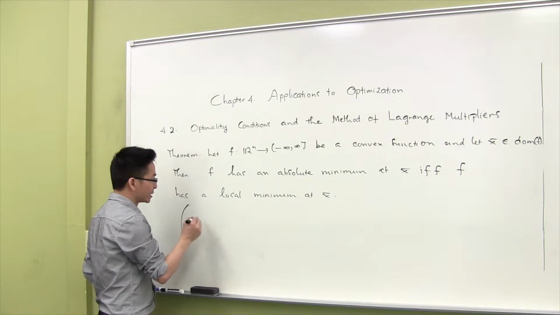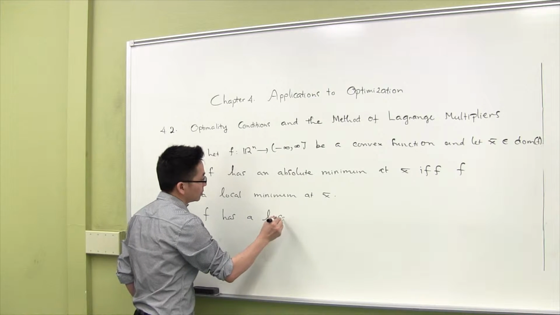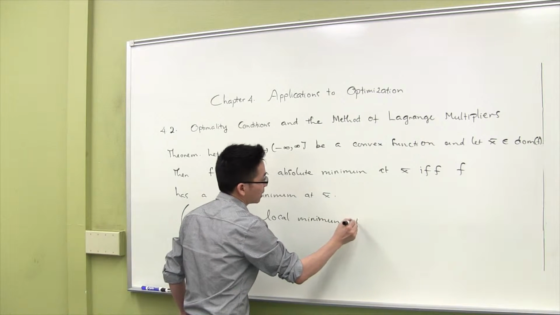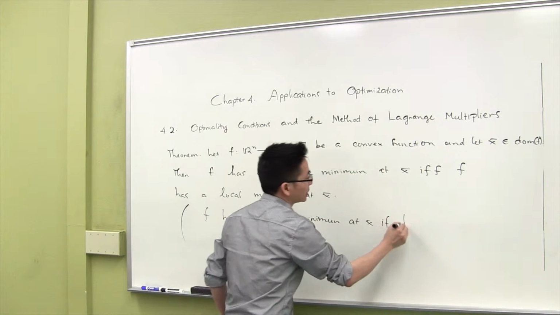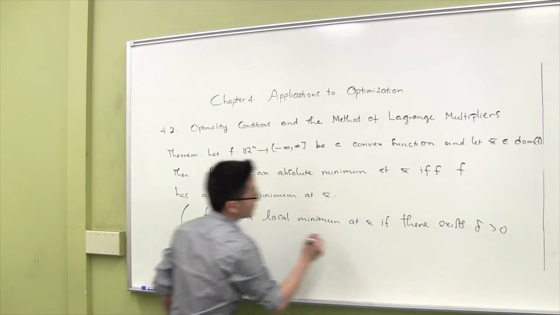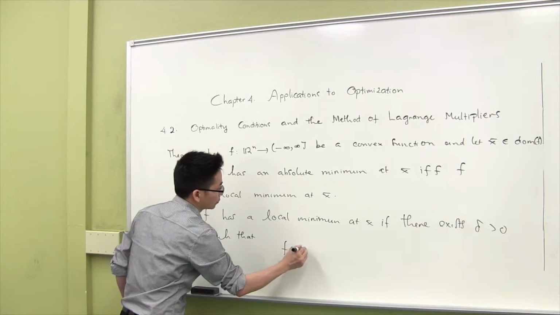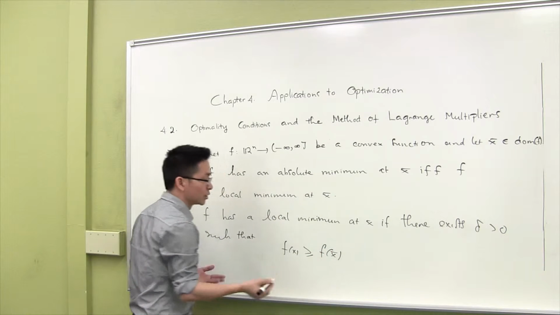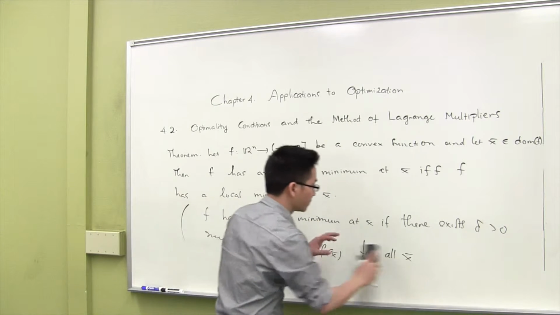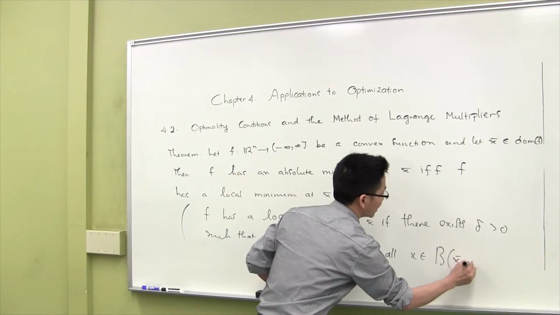So remember that f has a local minimum at x bar if there exists delta greater than 0 such that f of x is greater than or equal to f of x bar, and this is true for all x in the ball with center at x bar and radius delta.